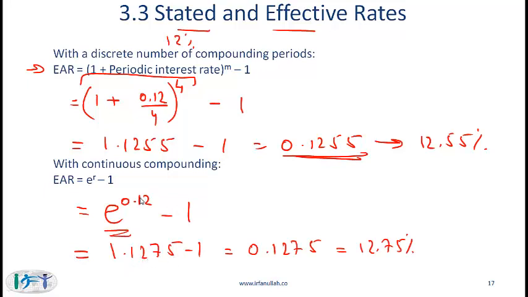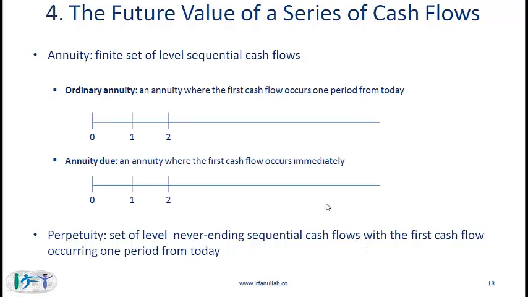That's the e to the power of 0.12, and in case you're not familiar with this on the calculator, you plug in 0.12 and then second and then e to the power of x. That will give you this number, minus 1, which will give you this number, which is the return expressed as a percentage, that is 12.75.